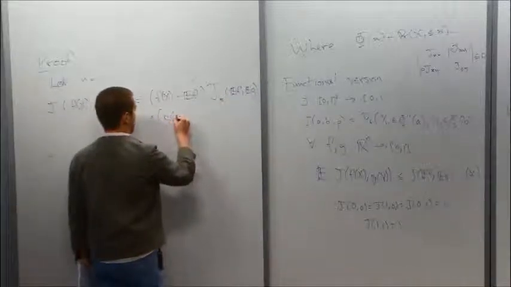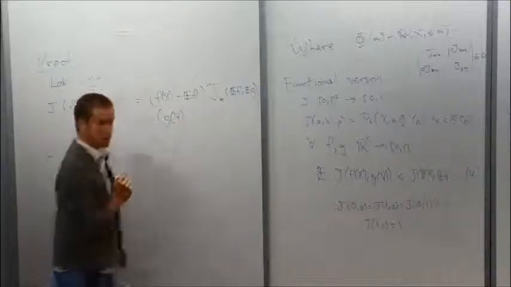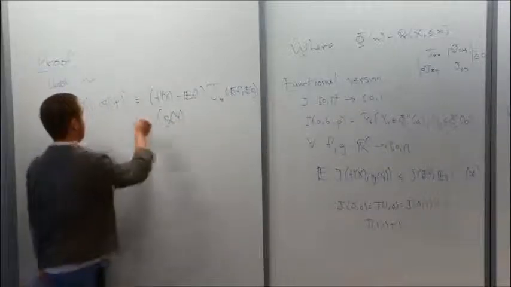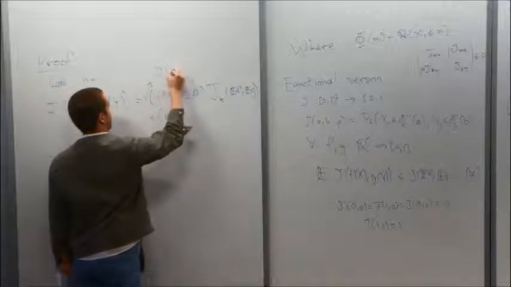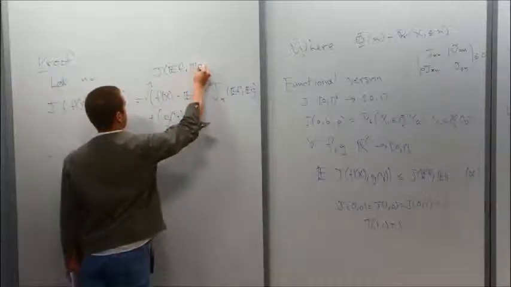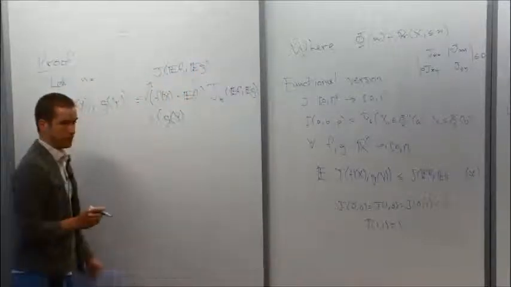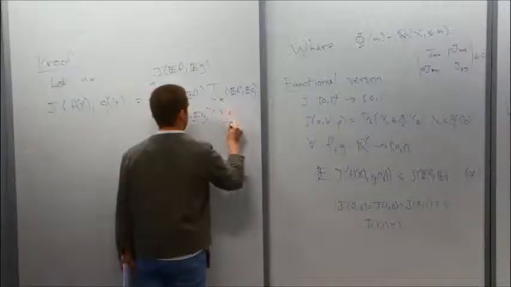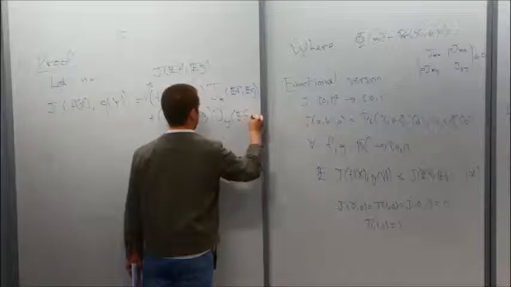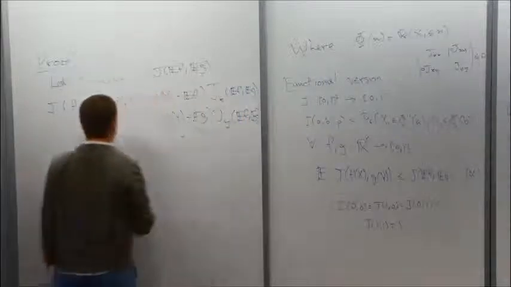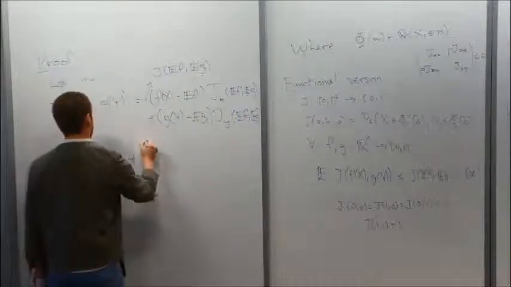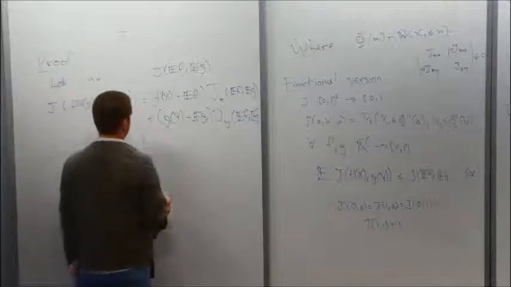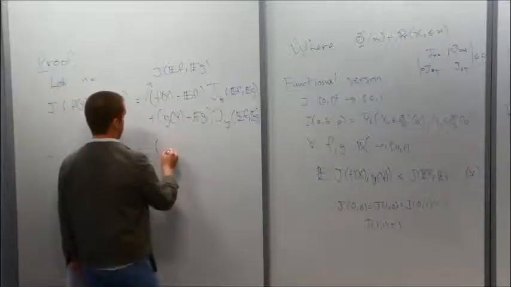then you also have J at the expectations. Yeah, that's true. Okay, thank you. And then this is the first order difference. Okay, and now I get a second order term. And the second order term is a quadratic form.